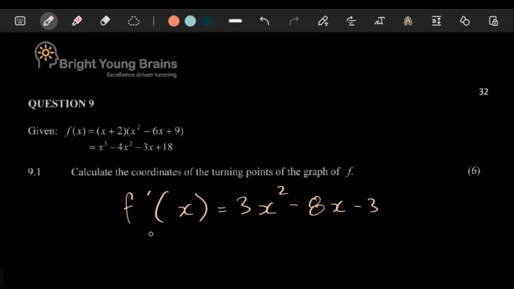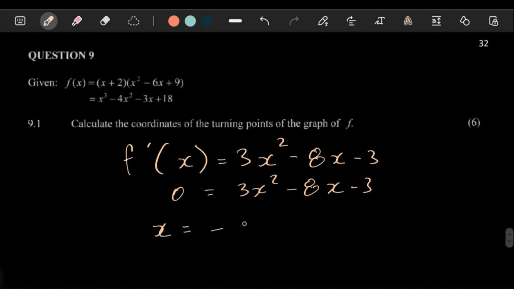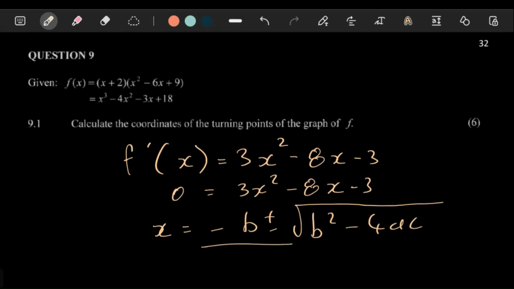So you differentiate it once, right? Now you need to make this equal to 0. Now we need to use the quadratic formula to factorize. So minus b plus minus the square root of b squared minus 4ac over 2a. Here we go.